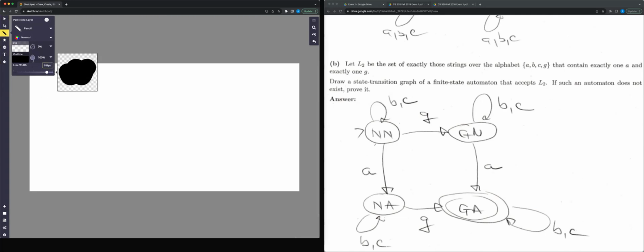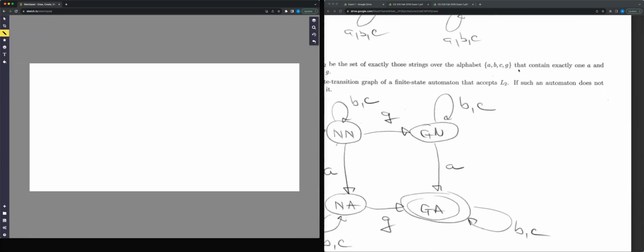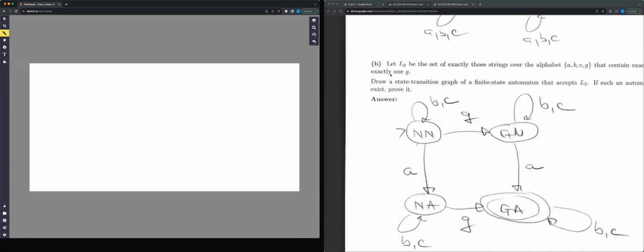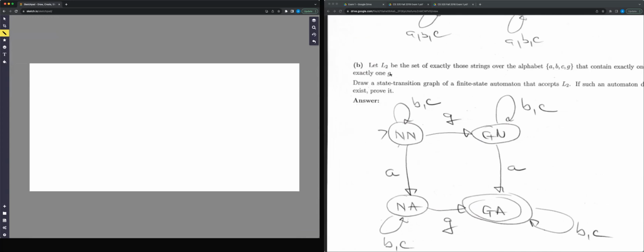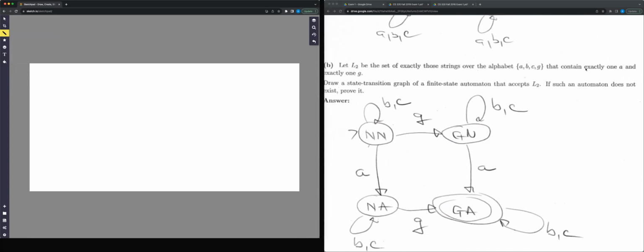This question says, let L2 be exactly those strings over the alphabet A, B, C, G that contain exactly one A and one G. One way to tackle this question is to just write the regular expression. This sounds like a pretty simple regular expression to write.